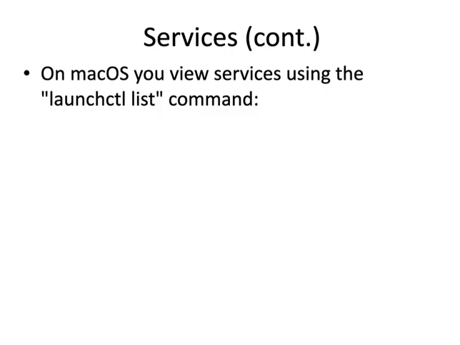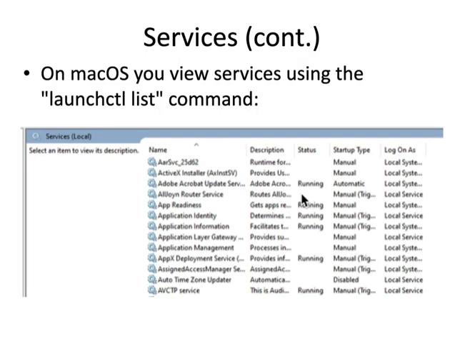Mac OS uses a system called launchctl. If we issue launchctl list to list the services running on this Mac machine, you will see that this looks very similar to what we saw in the Windows world, as far as information provided to us about some of the services running on the machine.